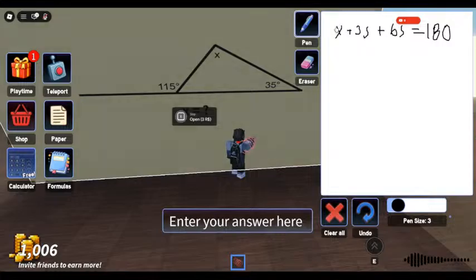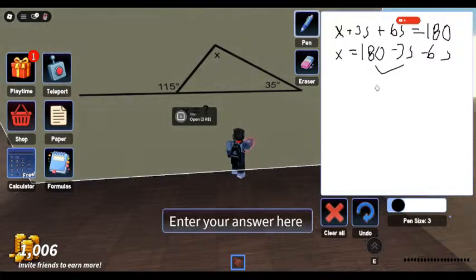Now we need the x to be left here, so we transpose everything: x is equal to 180 minus 35 minus 65. Minus 35 first, we get 145, which then we minus 65, and we'll get 80 degrees.